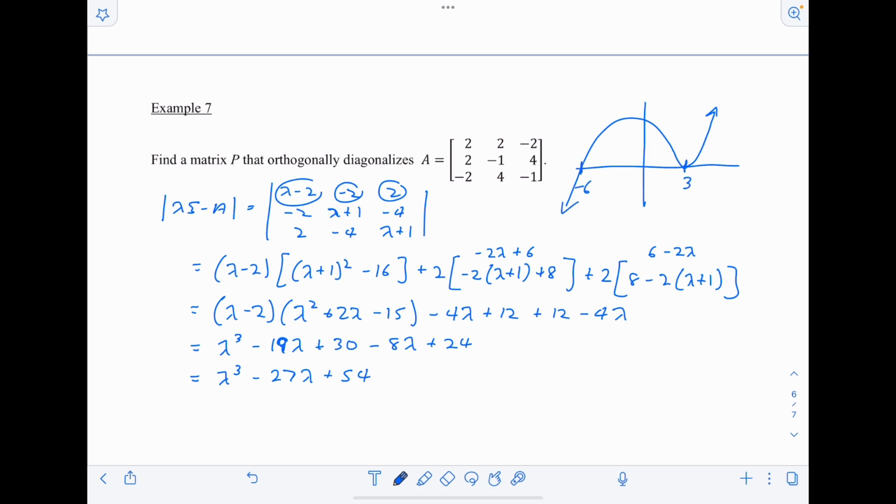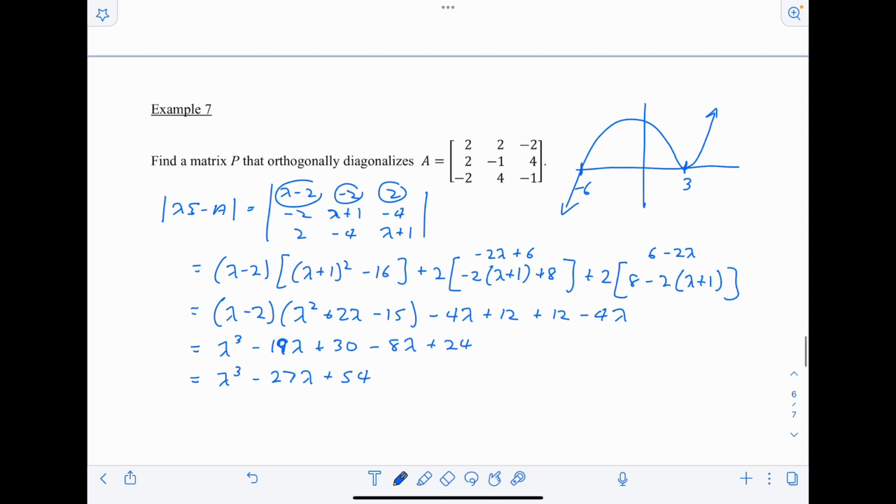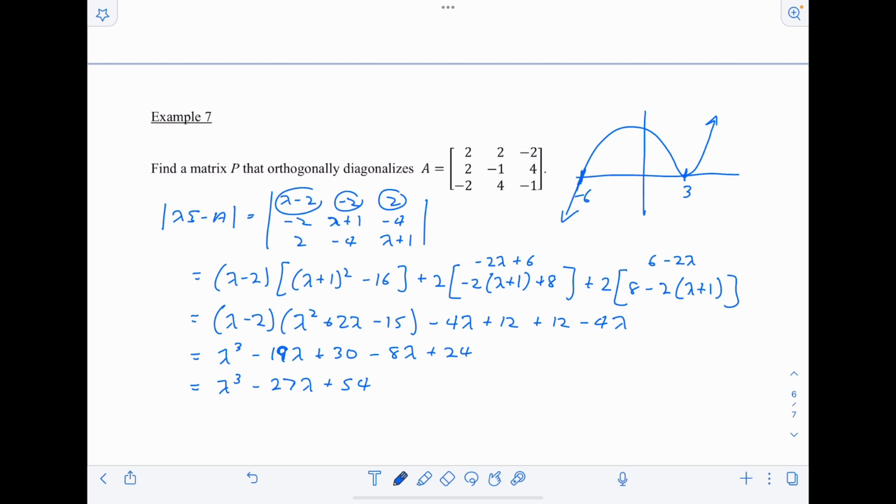Now, if you remember, I don't want to make any assumptions here. When a graph passes through, you have an odd multiplicity, usually 1, but it could be others. When it touches like this and bounces off the axis, you have multiplicity that is even. Because it's a cubic function, we know that we have 3 total zeros, real and non-real together.